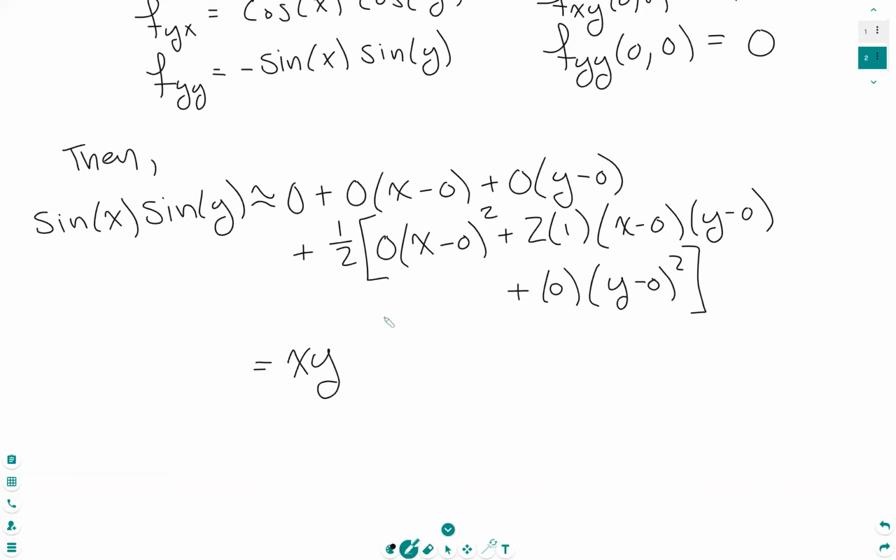So if you have a small angle for x, that small angle approximation is just x. If you have a small angle approximation for y, that's just y. So this is the small angle approximation.